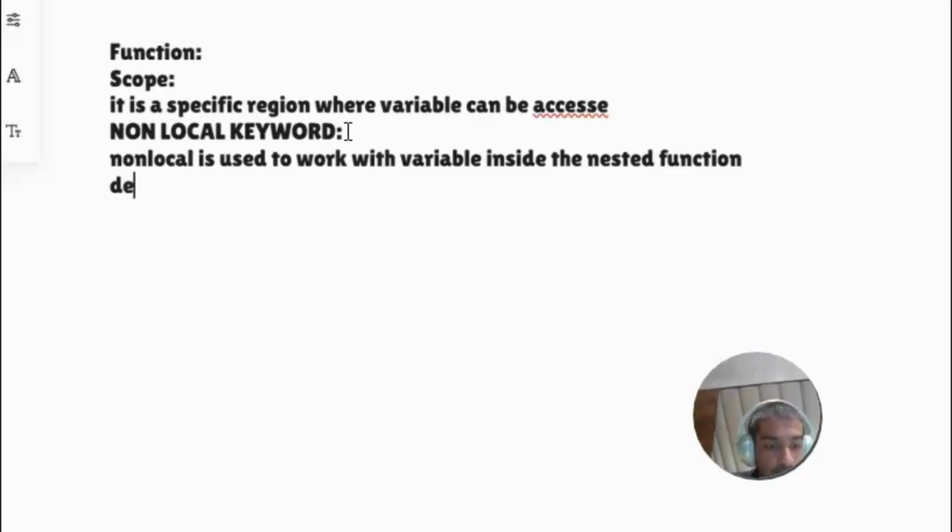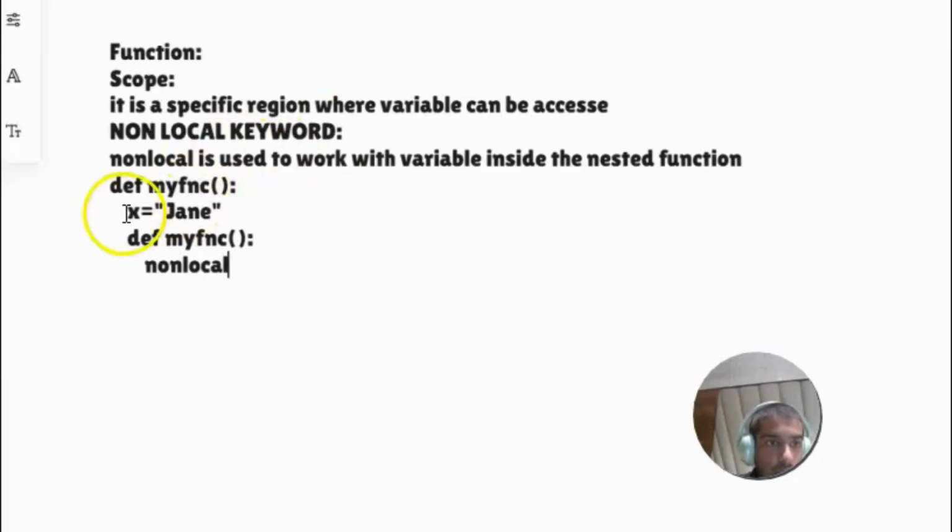Let's create a function here. Let's create a local variable x here. Let's create one more function, because it's a nested function. Let's take a non-local here. Let's make the local variable x the non-local variable x, and now we can change the x value.